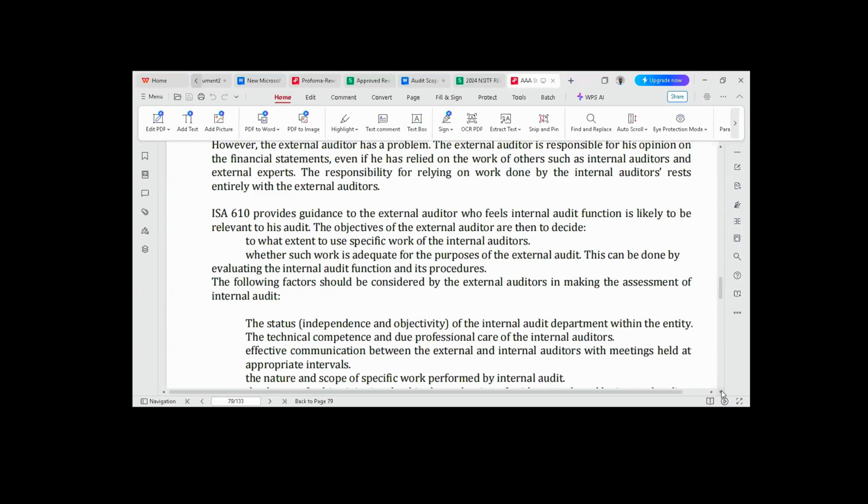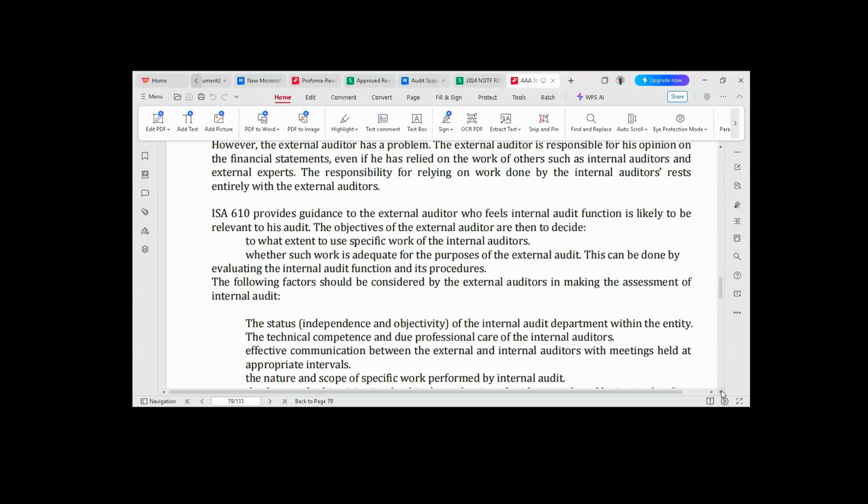Even though we know that there is some level of subjectivity in the work of the internal auditor, because most times it cannot go outside the scope that has been designed for them or for the department. And it's the management or the board of directors or the audit committee that design this scope of work.